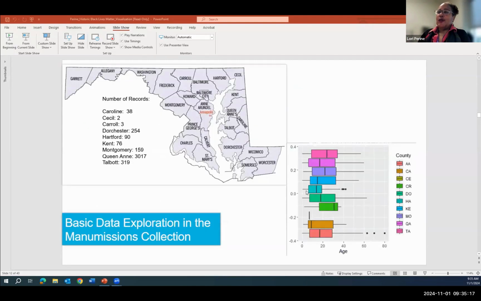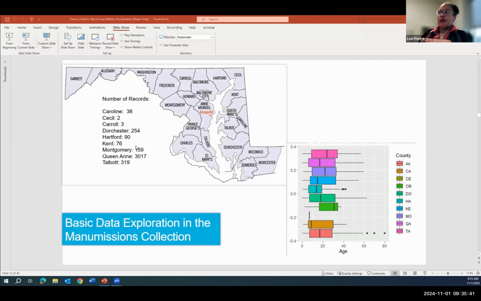So in our initial analysis, and I want to focus on manumissions for this part of our discussion, we ran some typical static analyses on the data.